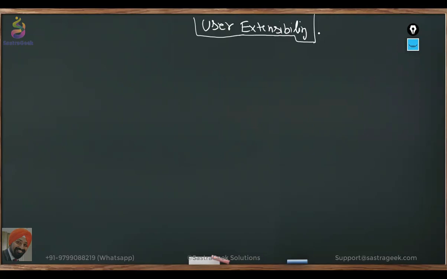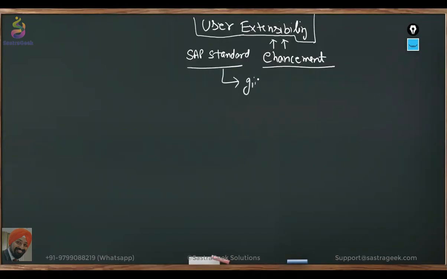When we see the word extensibility itself, that actually means enhancements. So SAP has given some standard things to us, and if we want to change those standards in given parameters and in a given namespace.